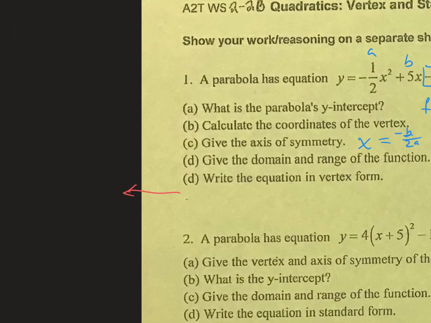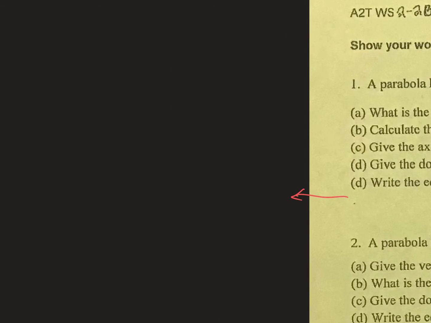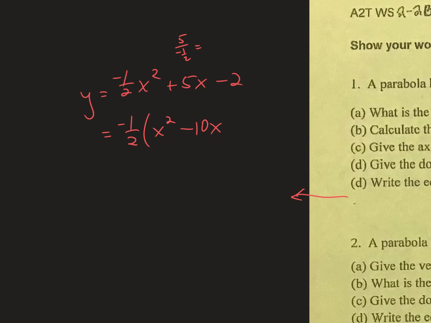I am going to put that over here. And so start with -1/2 x squared plus 5x minus 2, which is the original equation. I factor out the -1/2, so x squared, and it's minus 10x because 5 divided by -1/2 equals -10.